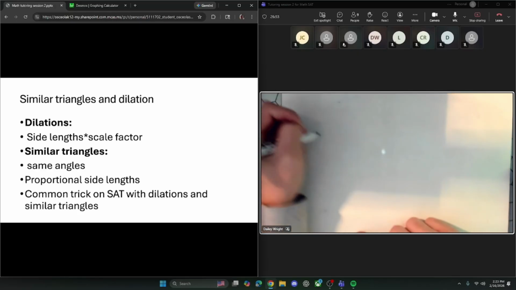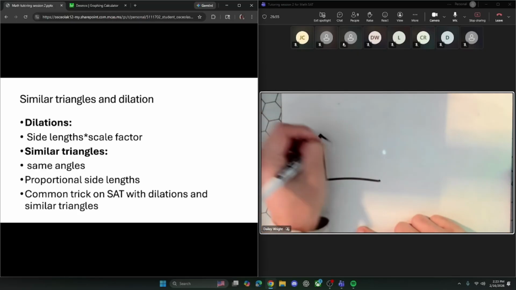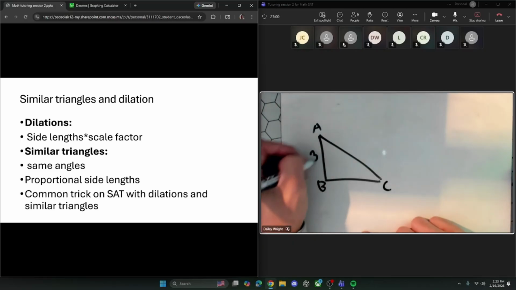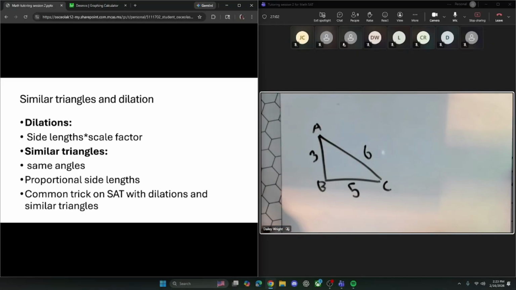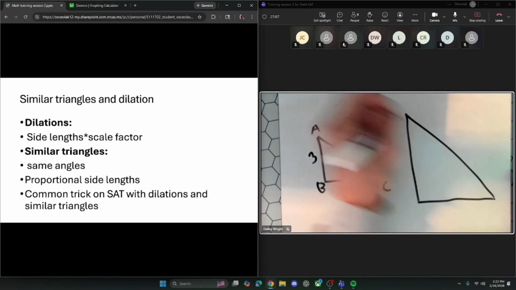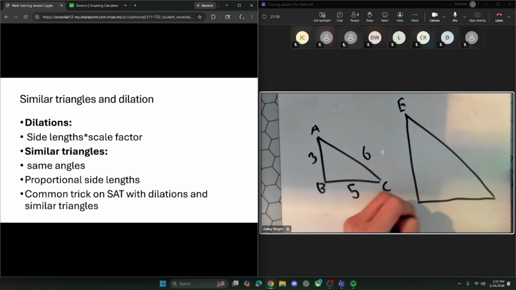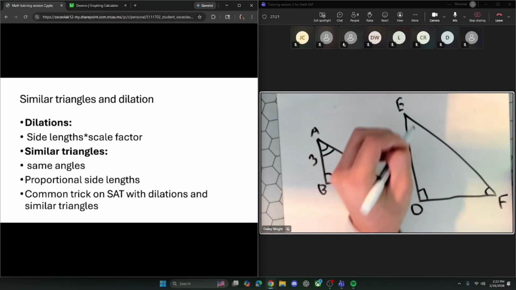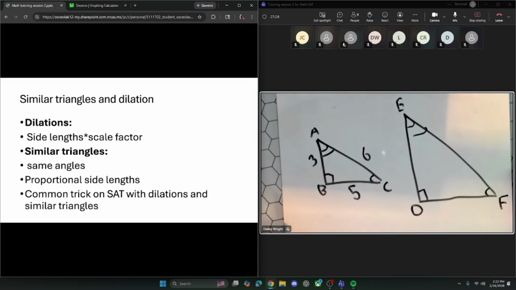So what I mean by this is if you have, let's say, ABC, and it is 3, 5, 6, and it is similar to EDF. This triangle is just bigger. Well, we know these all have proportional side lengths, so it doesn't matter what these side lengths are. A matches up with E, C matches up with F, and B matches up with D.